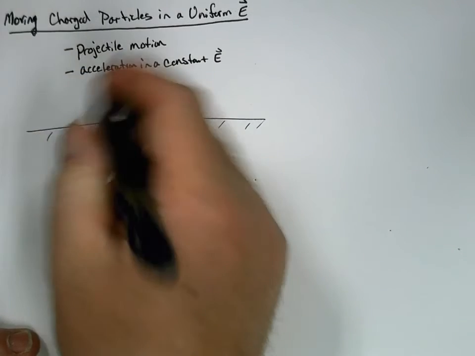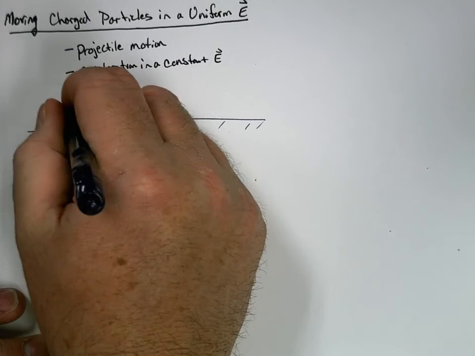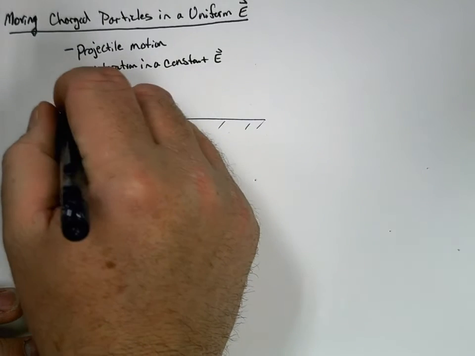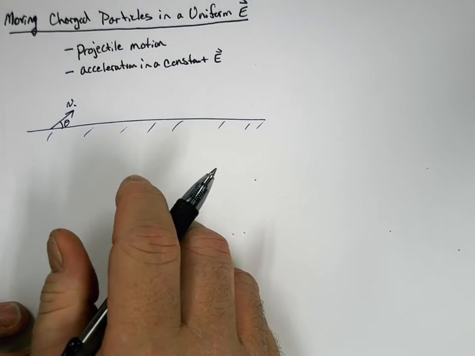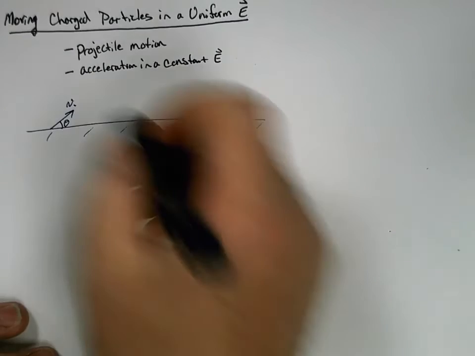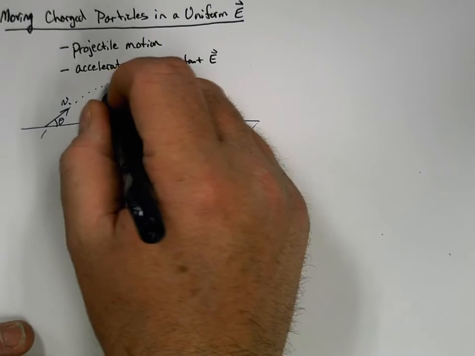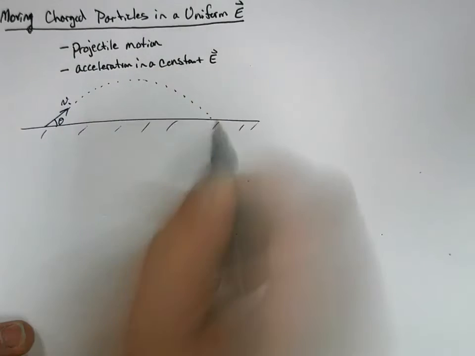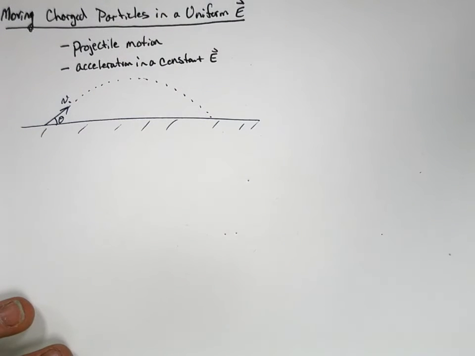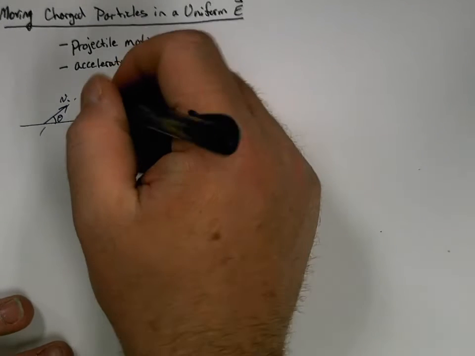Gravitation. Okay, never mind. All right, so we have an initial velocity, and we have a particle that gets launched up at an angle theta, and it travels like that.